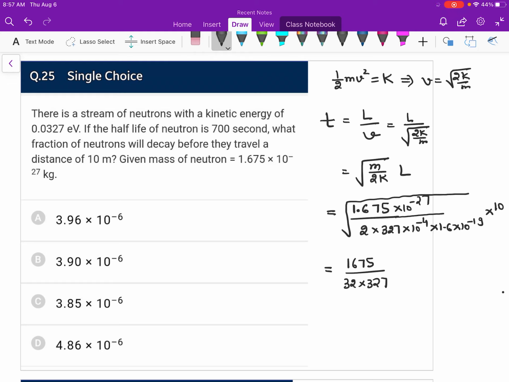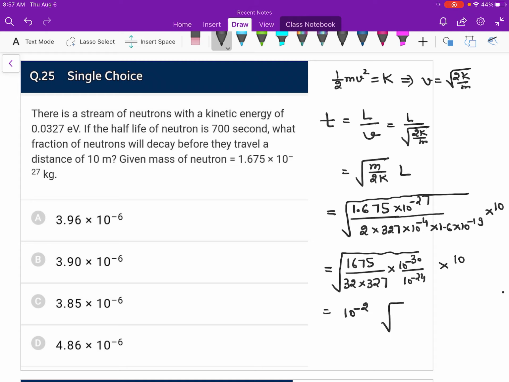All right, and 10 to power minus 19, 10 to power minus 23, 10 to power minus 24, and above this is 10 to power minus 30, so 10 to power minus 30 upon 10 to power minus 24 into 10, so this is 1675. Okay, so 10 to power minus 6 under root, so 10 to power minus 3 and 10, so 10 to power minus 2.